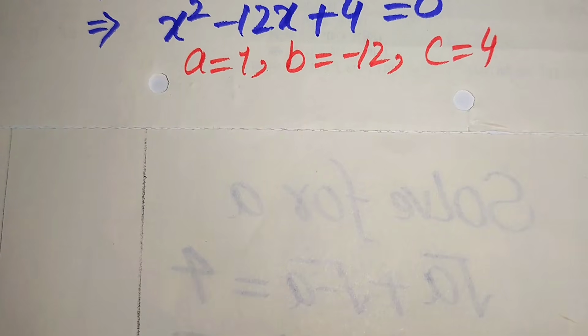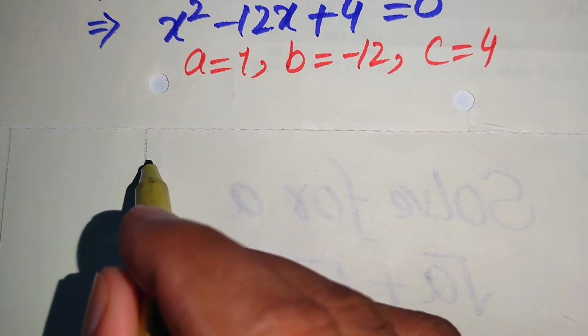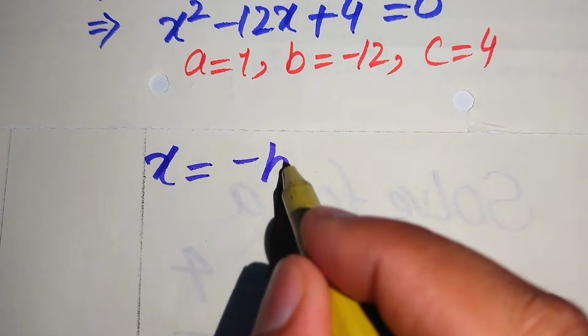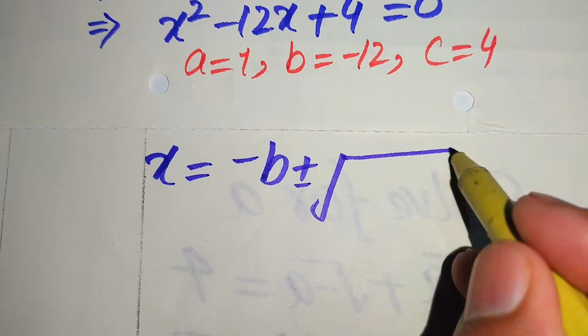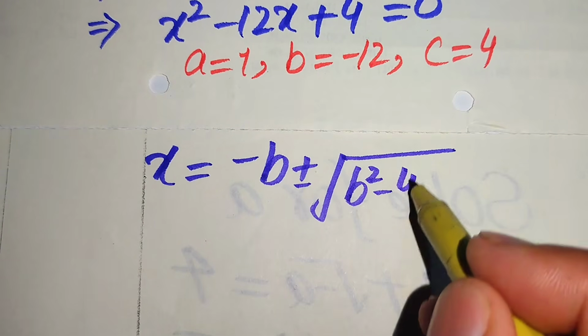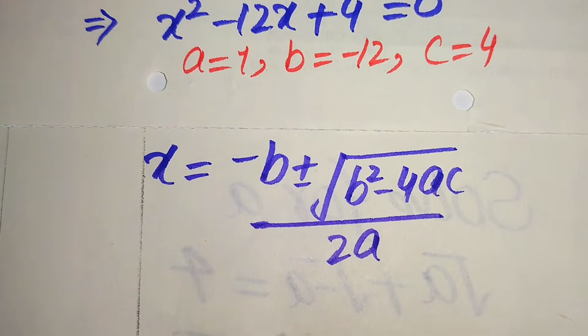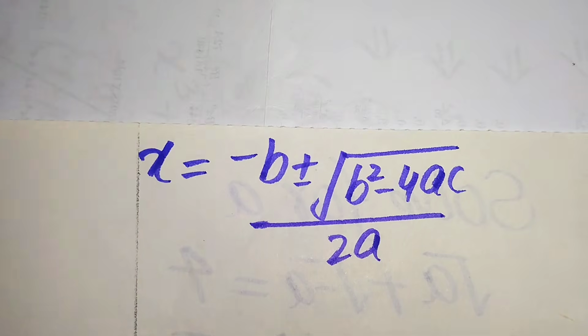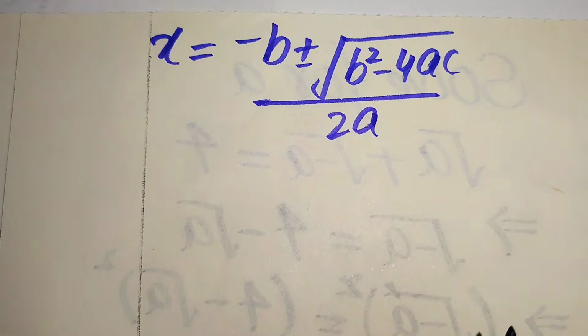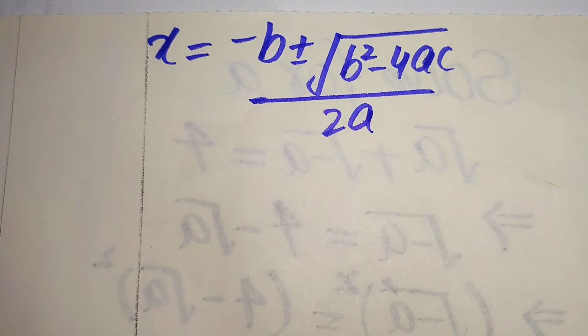And now in the next step we state the quadratic formula in this form: x is equal to minus b plus minus square root of b square minus 4ac divided by 2a. So this is our quadratic formula, and here we need more simplification to get the values of x.